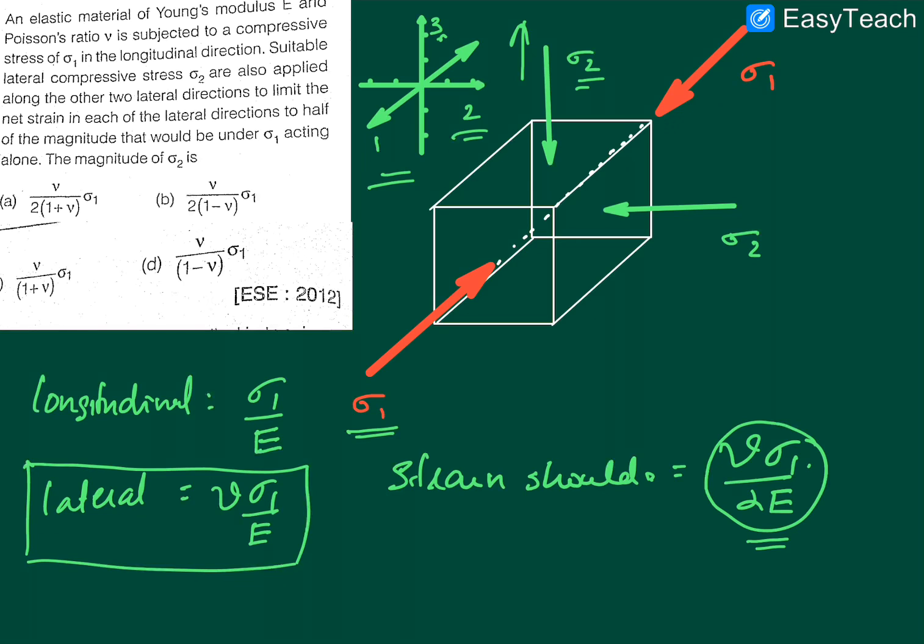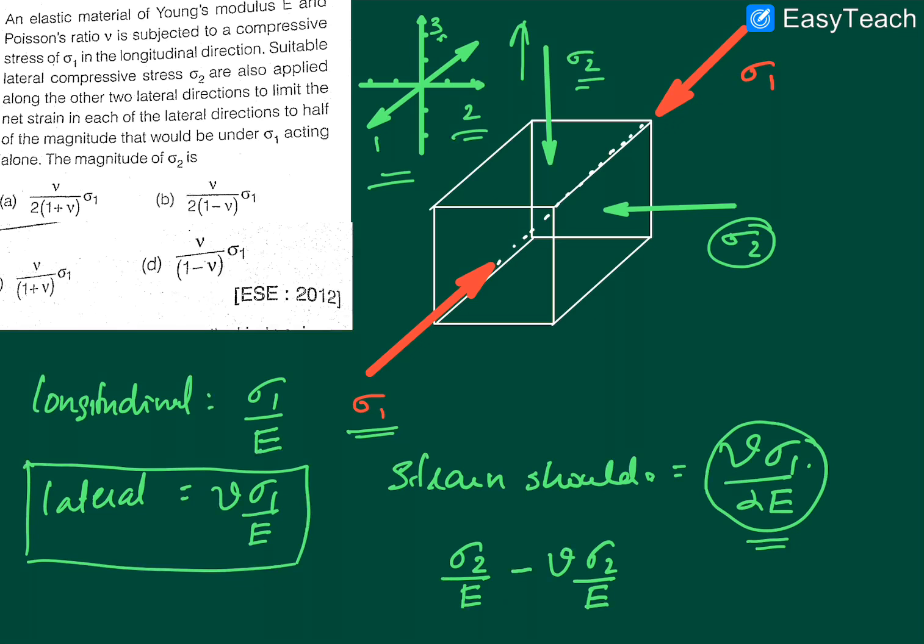For sigma 2, that is a direct stress. Sigma 2 is compressive, so sigma 2 by E is the compressive strain produced. Then, considering sigma 2 compressing along the second direction, in the third direction there will be an elongation, so that will be a negative quantity. It can be calculated as Poisson's ratio into the longitudinal strain produced in the second direction.